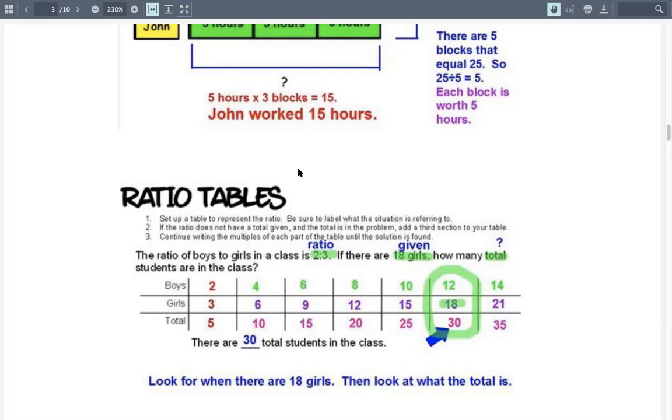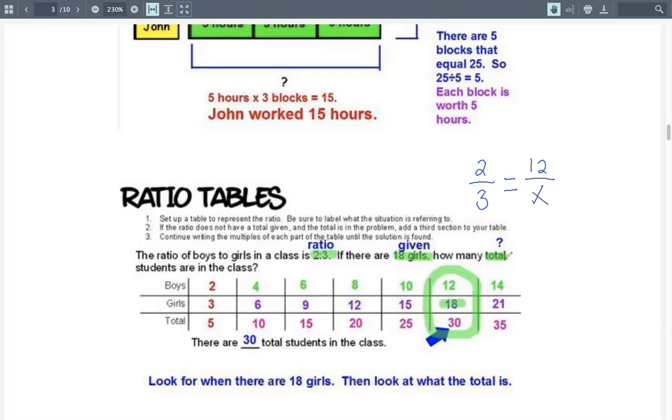This is where you use cross multiplication? Correct, yeah, absolutely. You can use cross multiplication, or you have many options actually. So I know my ratio is 2 to 3, and I know that I have 12 boys. So how many girls do I have?